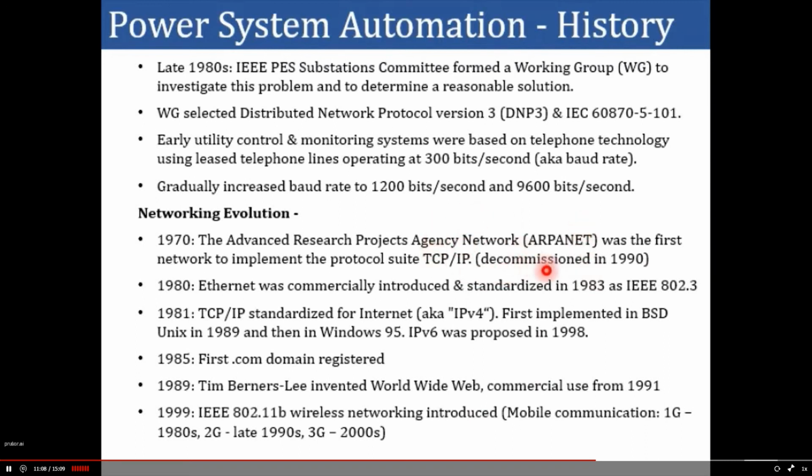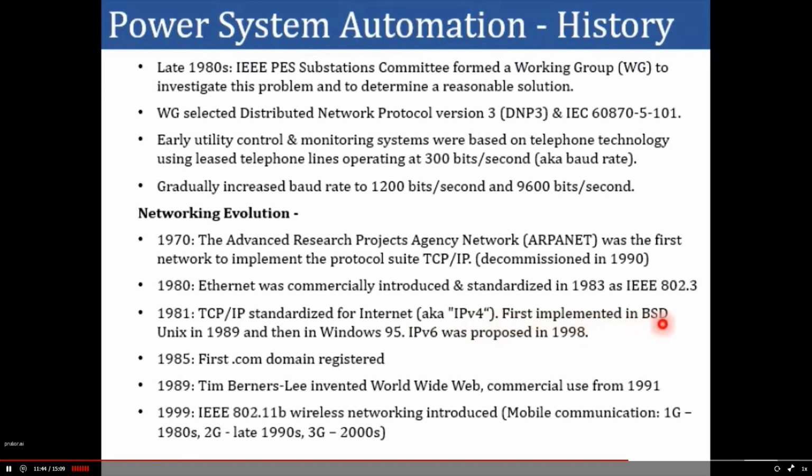This network project, which was started in 1970, was decommissioned in 1990, but it gave the concept of TCP/IP. Now Ethernet was commercially introduced and standardized in 1983, commonly known as the IEEE 802.3 standard. In 1981, TCP/IP was standardized for the Internet, which we also know as IPv4.